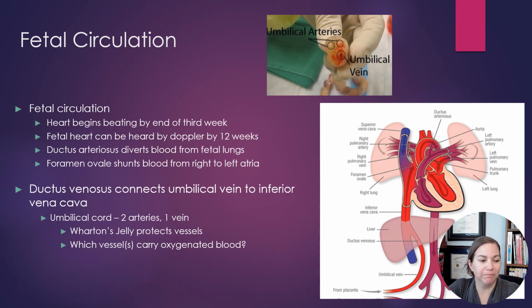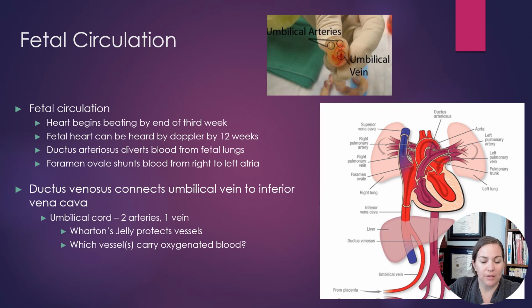Things that you should know about the umbilical cord: there are 2 arteries and 1 vein. You can see in the picture at the top, the arteries are smaller and the vein is a little bigger.